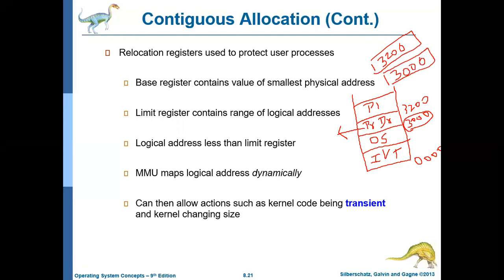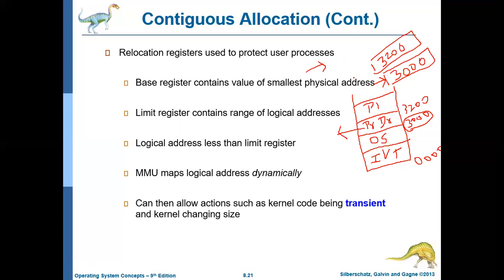So this can be easily done by just changing the value of the base register. You need not change anything else. You need not change the logical address, because the logical address is the relative address. It is relative to the base address, right? So the CPU does not do anything else. The CPU will always create a logical address, and that logical address will be compared to check whether it is less than the content of the limit register, and then it is added to the base register.